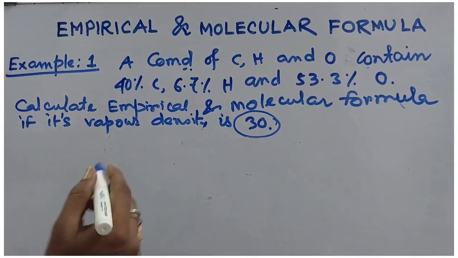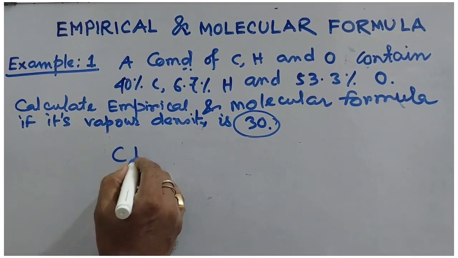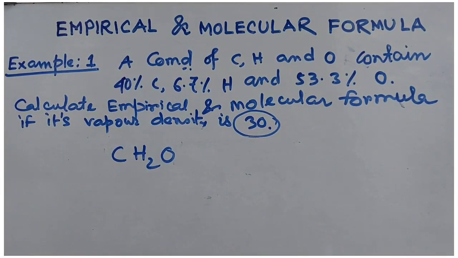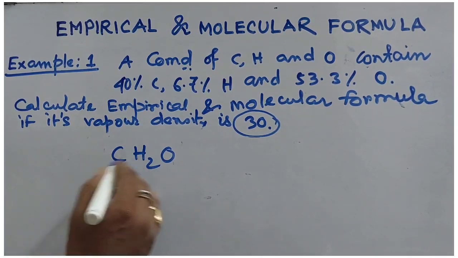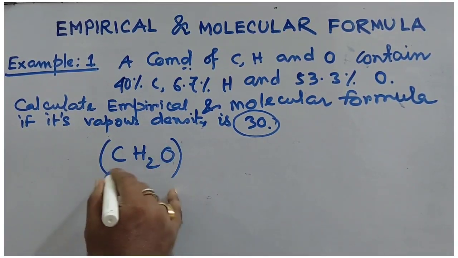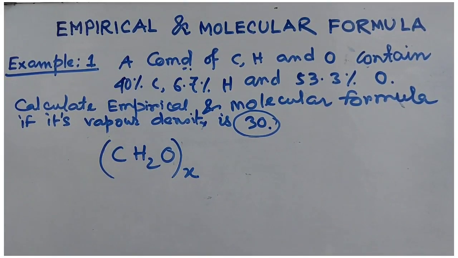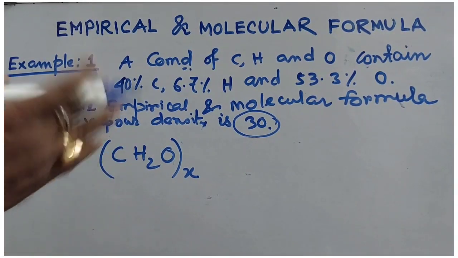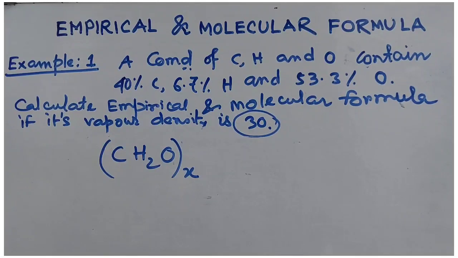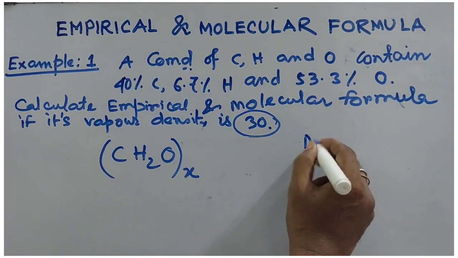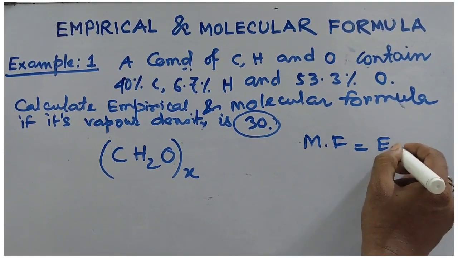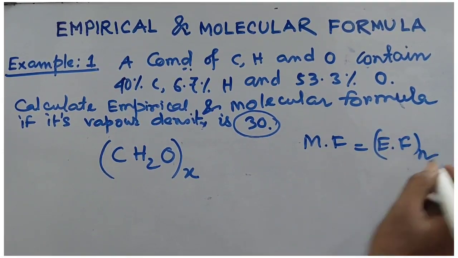As we got the empirical formula CH2O, now let us consider the molecular formula of that compound is CH2O whole suffix X. As I said earlier in this video, the molecular formula is empirical formula whole suffix n.